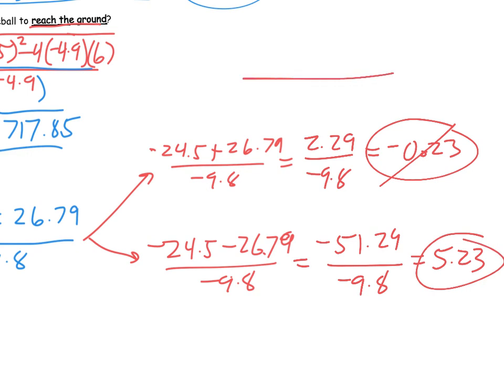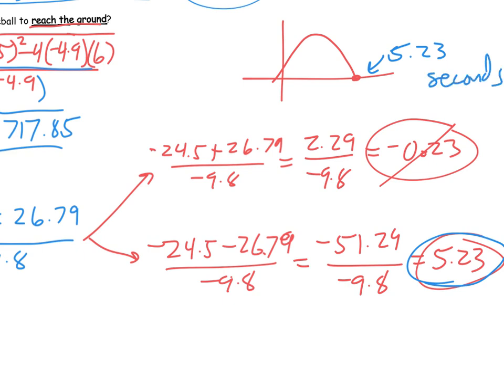So it goes up and comes down and it hits the ground again at this time, right there. 5.23 seconds. That's my final answer. Whenever it hits the ground, you're going to use the quadratic formula. When they want the maximum height, that's when you use the vertex form, okay? That's the difference between these two.